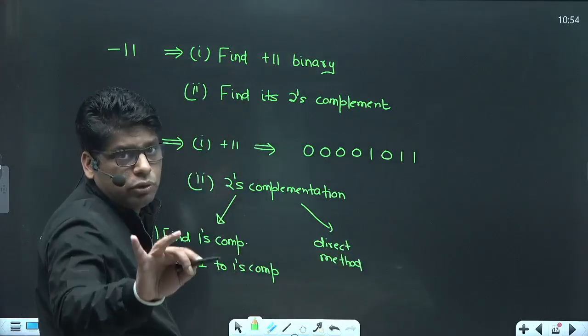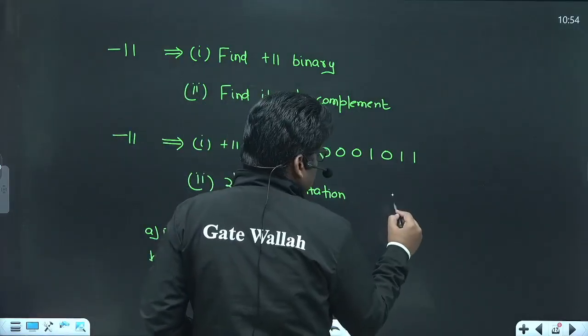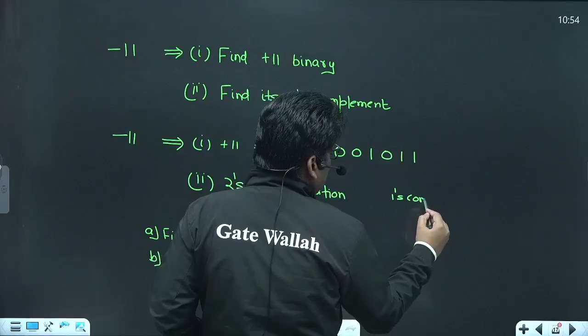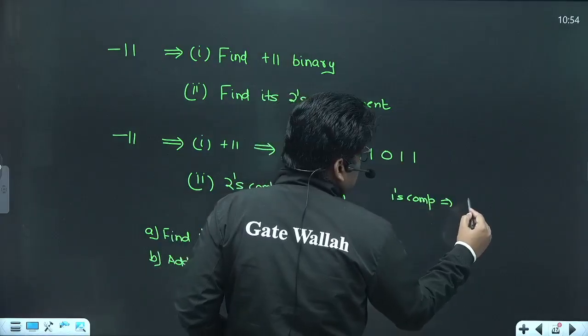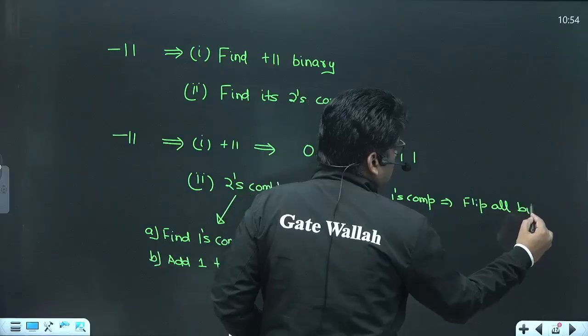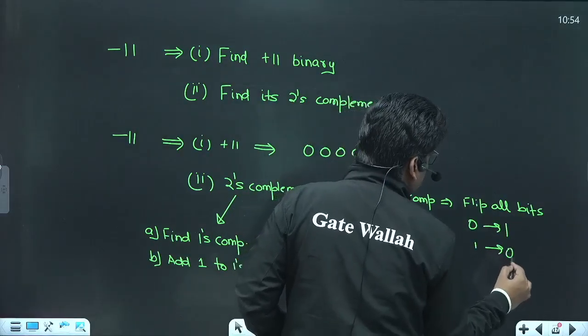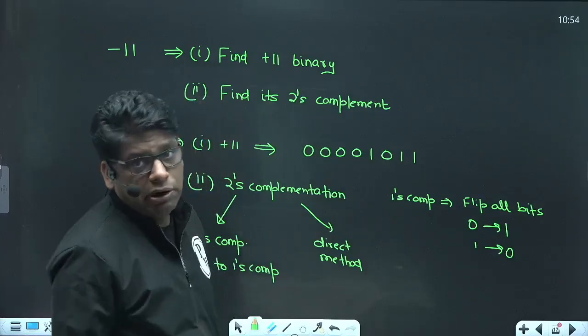So let's see both of them. Sir, what is the ones complement? Ones complement says just flip all bits. That means 0 becomes 1 and 1 becomes 0.